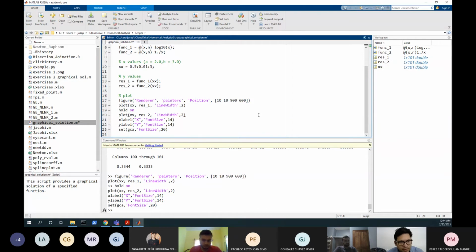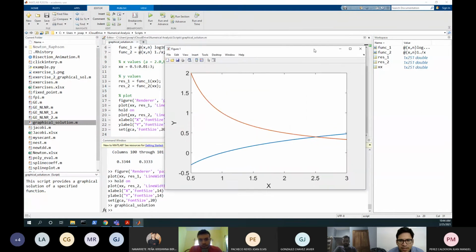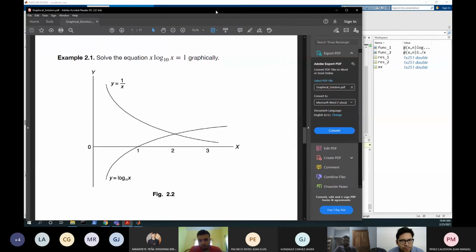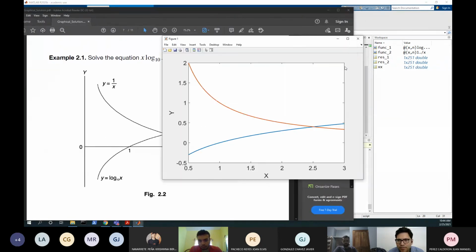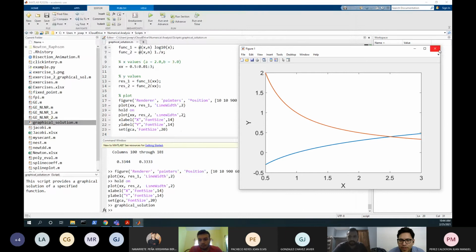So I just do it, save it, and if I go to editor, I can run it, and then this is the one, and this is the one. It's exactly the same plot. So pretty much the same, and I got the solution. The solution here actually looks different, but it's the same plot. So this is how we plot in Matlab.